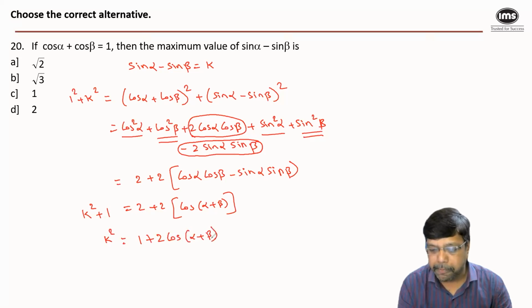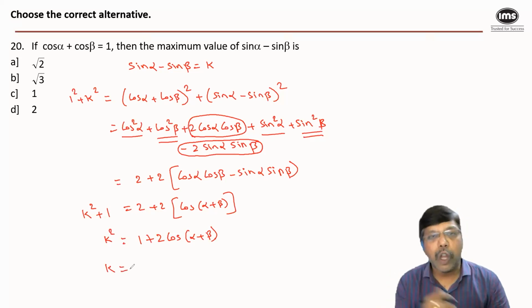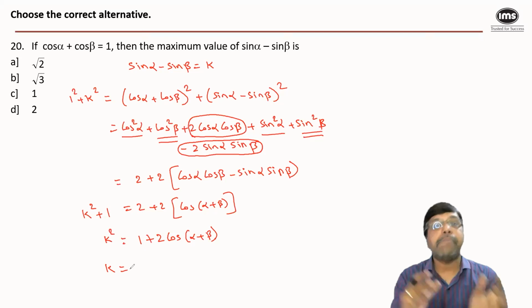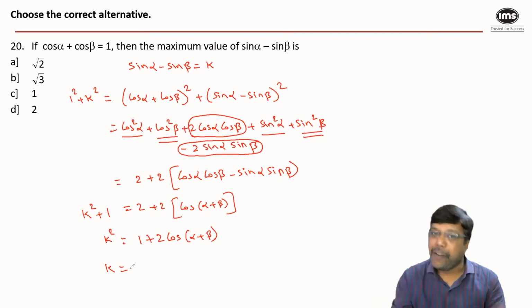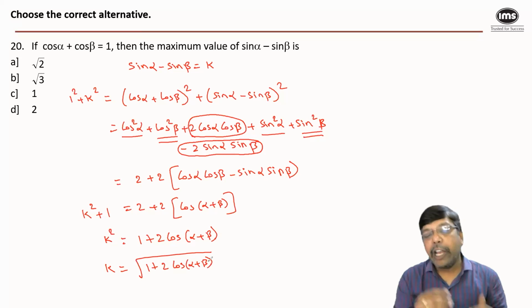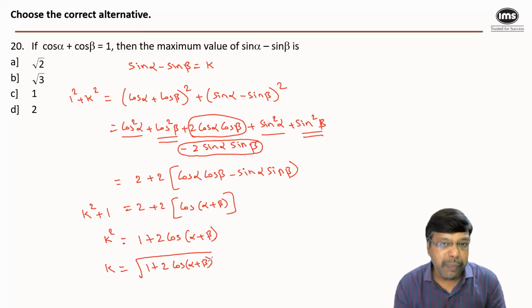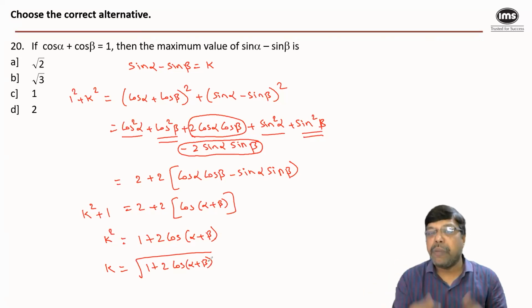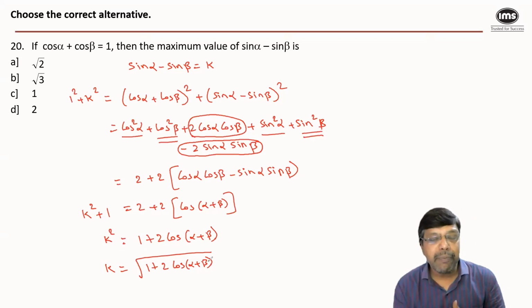So k is equal to, normally I would say plus or minus, but since I want the maximum value for k, I will consider only the positive root. 1 plus 2 cos alpha plus beta. Now, if I want k to be maximum, then cos alpha plus beta must also be maximum.